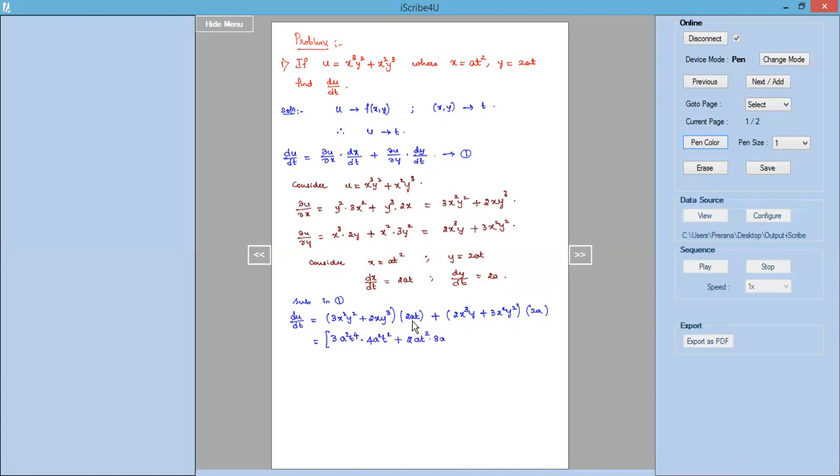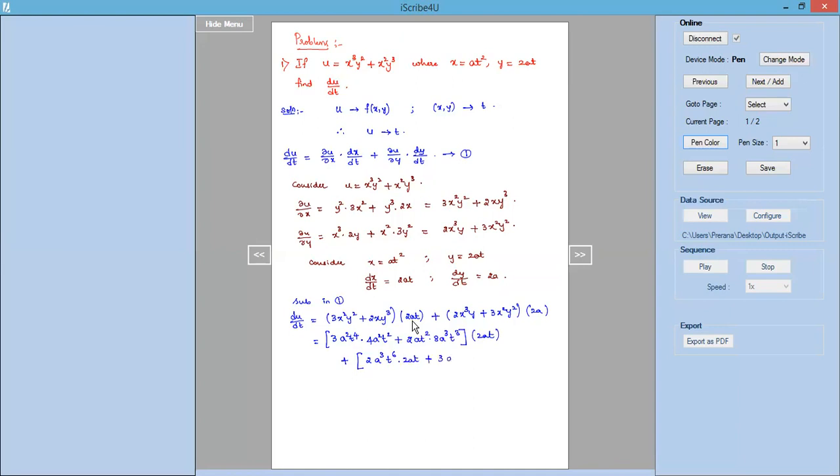So 8a cube t cube, the whole thing into 2at, plus 2x cube. X cube gives us a cube t power 6, t square, the whole cube gives us t power 6, into y. Y is 2at, plus 3x square y square.